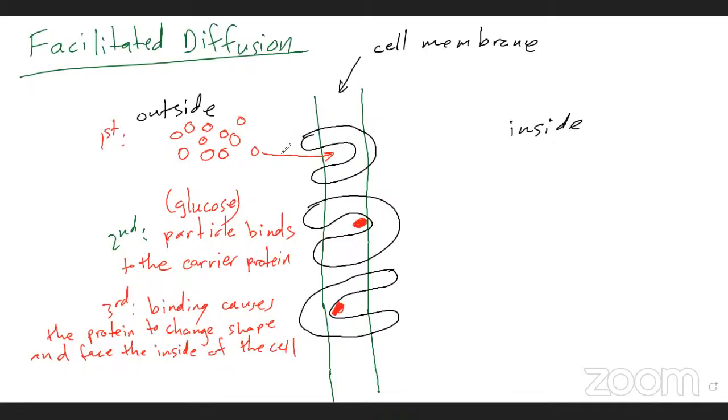So the glucose enters and binds. Once it binds, notice the protein now turns around and it is going to release the glucose.